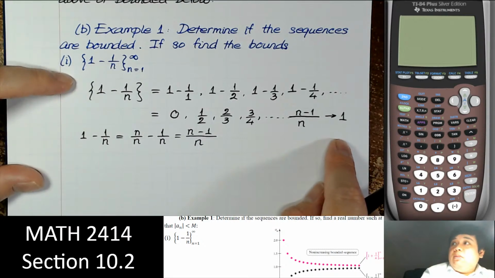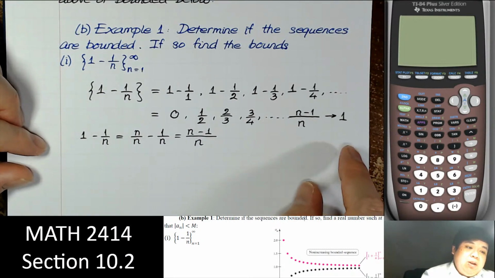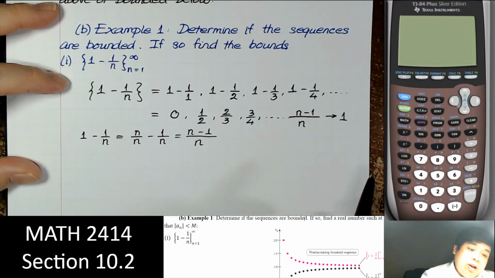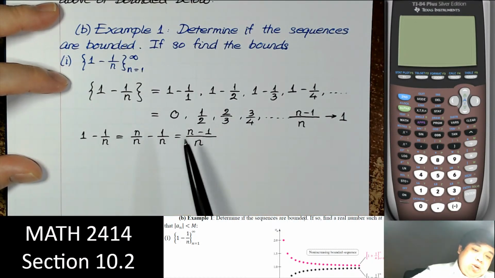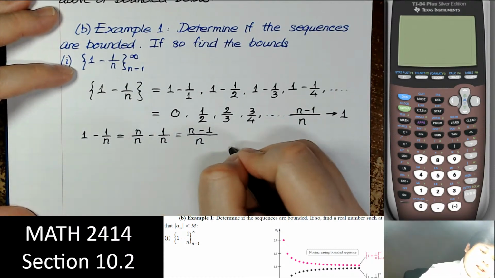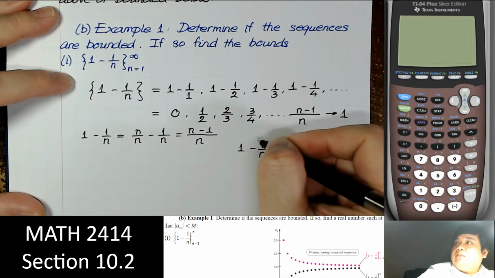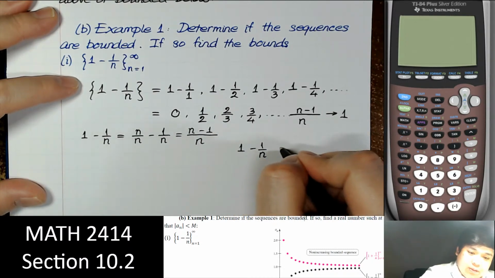So actually this one is bounded above and bounded below as well. This one gets closer and closer to 1. So we say 1 minus 1 over n is less than or equal to 1.